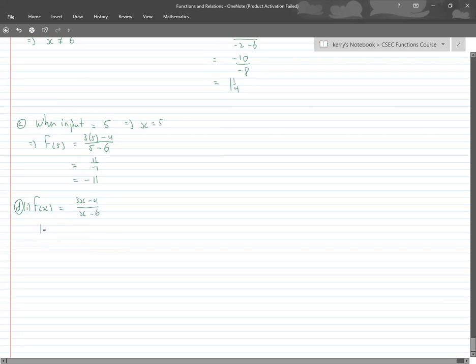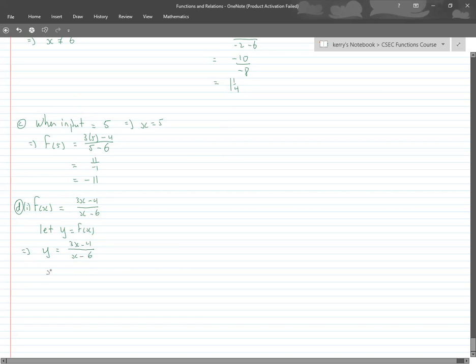Our next step from what we did last class, feel free to go back to the last class to look it over, we let y be equal to f of x. And this is just for simplicity. So this gives us that y is equal to 3x minus 4 over x minus 6.